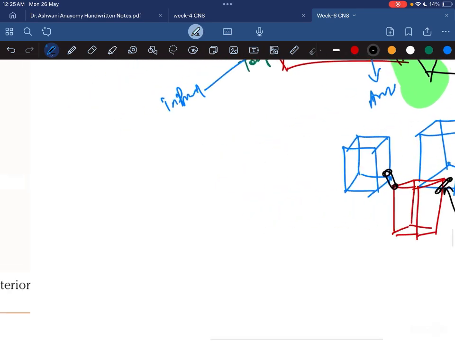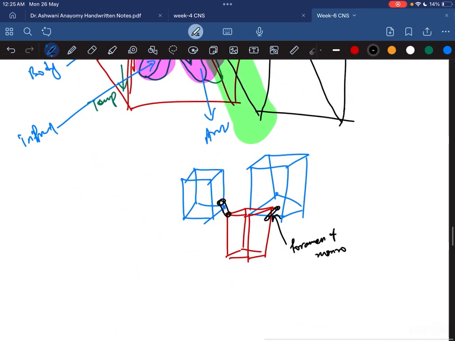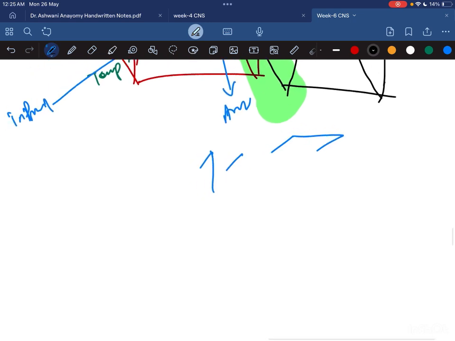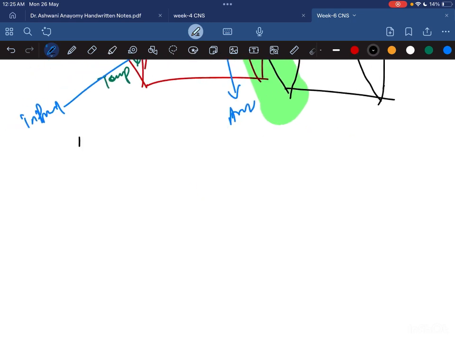Hope now moving on to the boundaries of the lateral ventricle. When we discuss the boundary of the lateral ventricle, it is a mega topic.